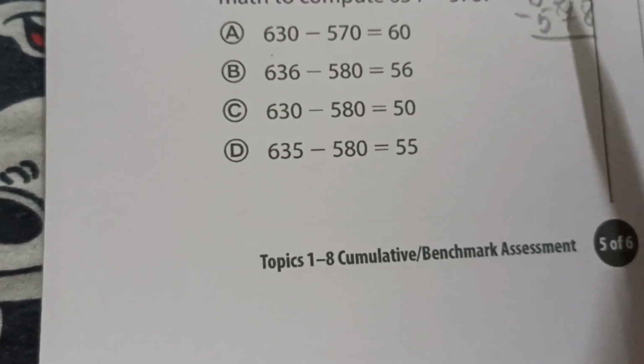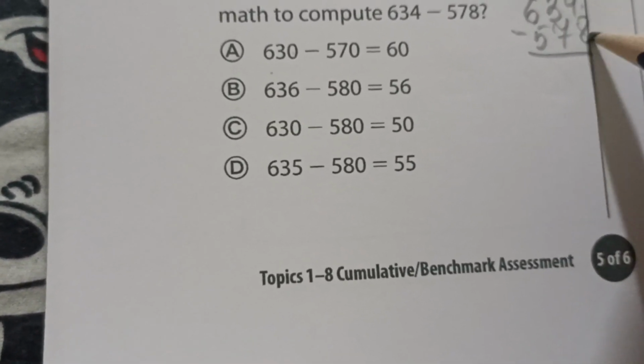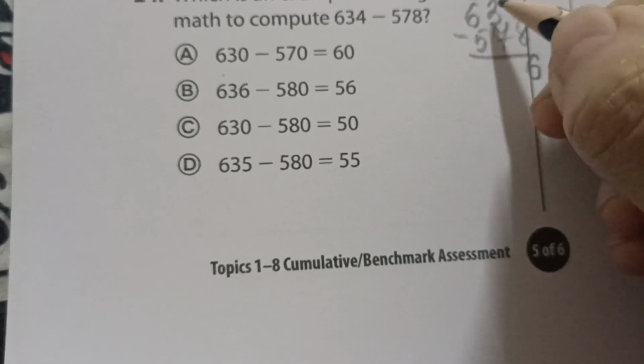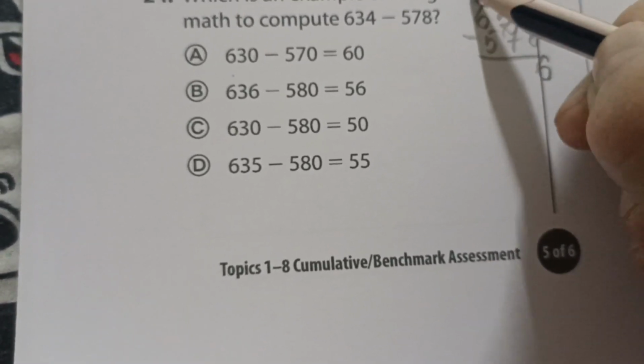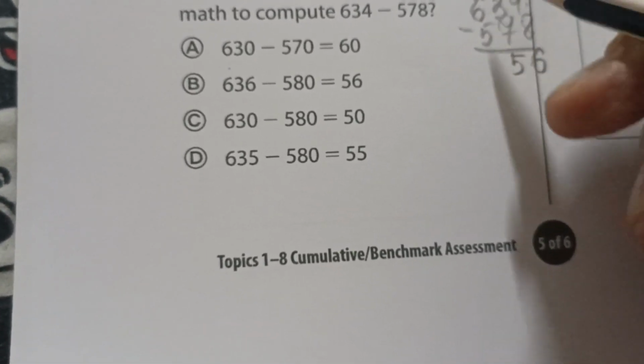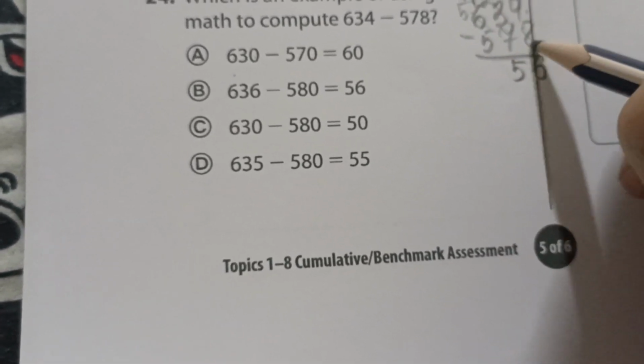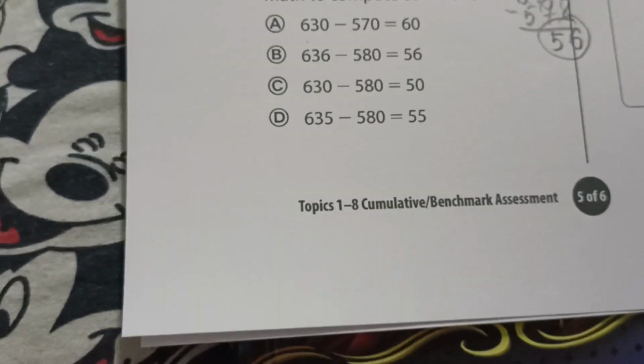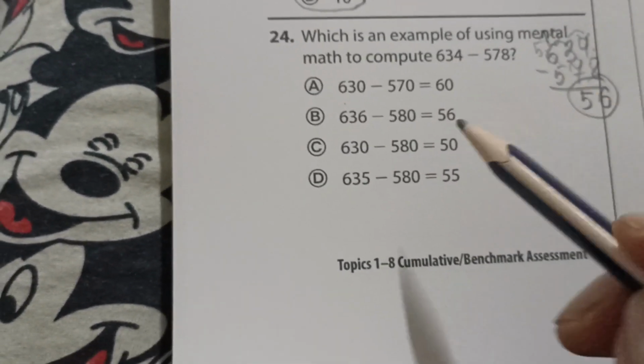Because we need to know what is the real answer. Okay, 14 minus 8 equals 6. 2 is left. So again, we borrow 12 minus 7 is 5. Okay, and here 5. So the real answer is 56. Okay, so where do we have 56? Only here.